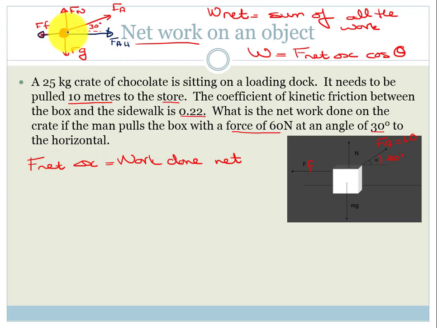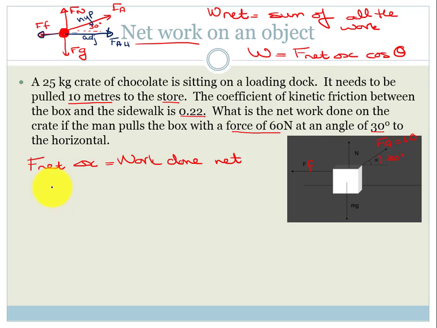So the first thing we need to do is realize that the forward force is going to be this horizontal component. Okay, so do you agree that if this is the adjacent side and this is the hypotenuse, then I need to use cos to get the applied force horizontal?